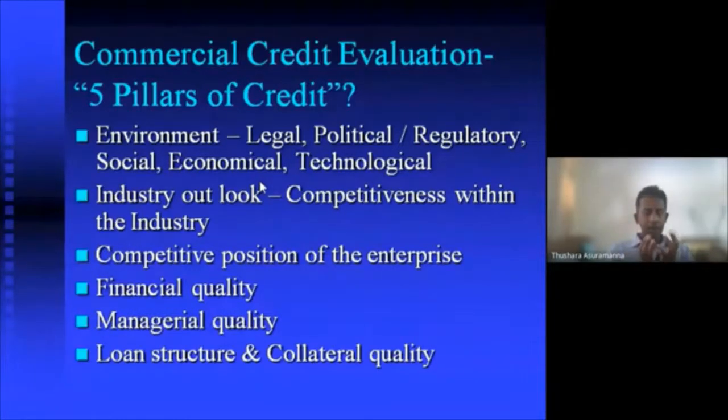Then industry outlook. That's about the market. What is the performance of the market? Performance of the industry. Industry trends. Competition. Market share. Market growth. Market outlook. Market strategy. Marketing methods like advertising methods come under this industry and market.